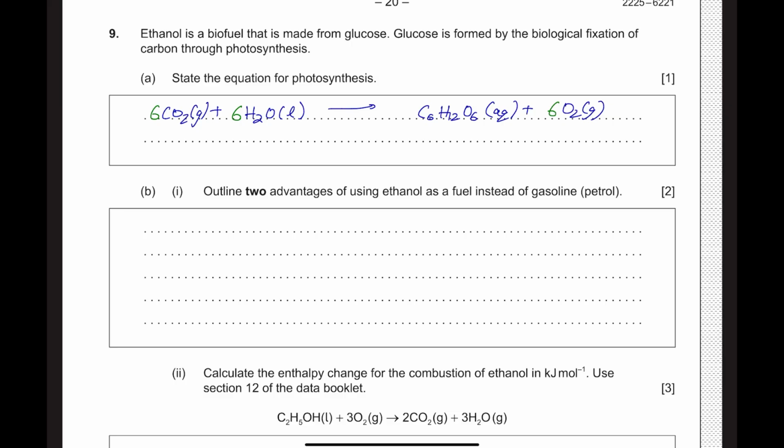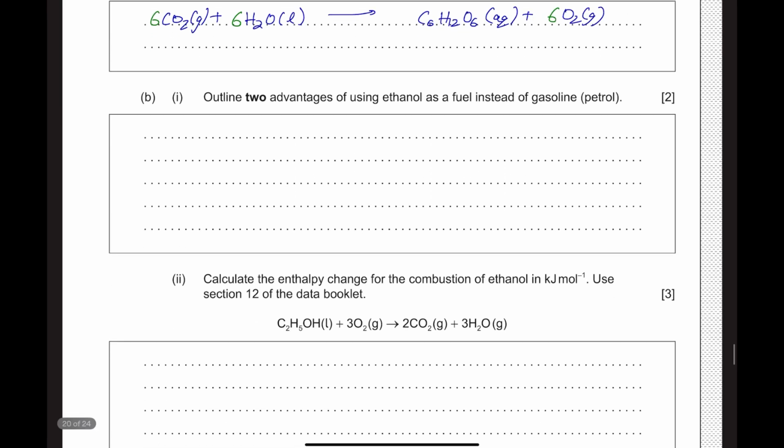Right? So we need to list two advantages of ethanol as a fuel instead of gasoline. So first, ethanol is a renewable resource, right? So we can keep on producing ethanol.